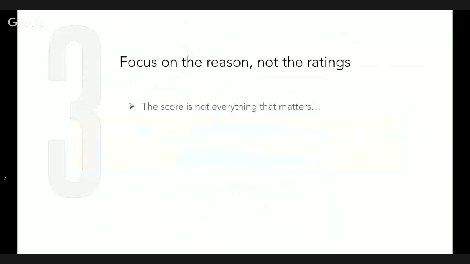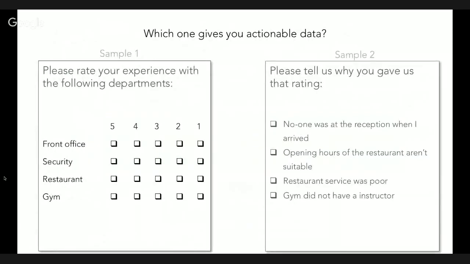So now that we have quantified your customer loyalty, how is it that you are going to impact your NPS score, or how is it that you are going to give a positive impact to your customers? And that's where it's very important to ask the why, to get into the reason for that score. And that's why the score is not everything that matters. These are two examples of conducting your survey, but which one do you think is more actionable?